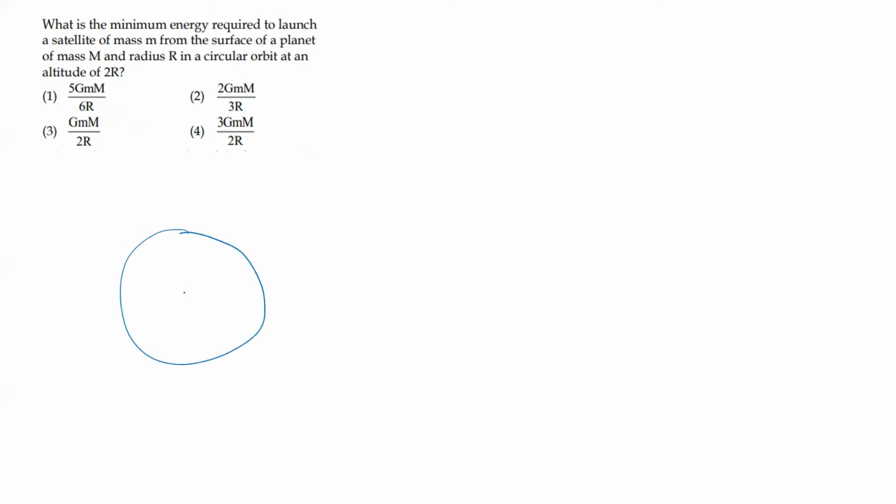So this is the planet of mass M, and from here a satellite is launched. First find the initial energy: we need to give the kinetic energy K, and the potential energy is minus GMm by R. Finally the satellite is at a distance of 2R from the surface of the planet, in a circular orbit.